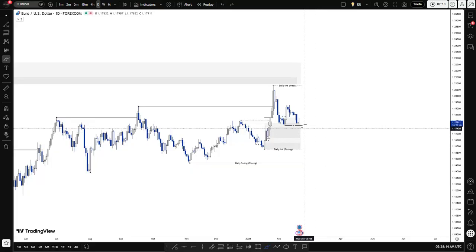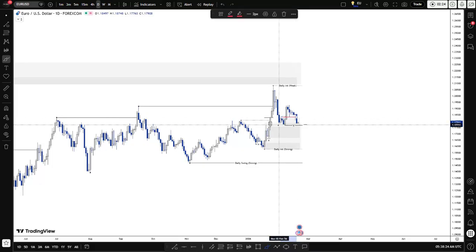So at first, like yesterday, we thought that this demand was holding, but it's an obvious zone. You see, sometimes when a zone is obvious, it induces a lot of people into the market.